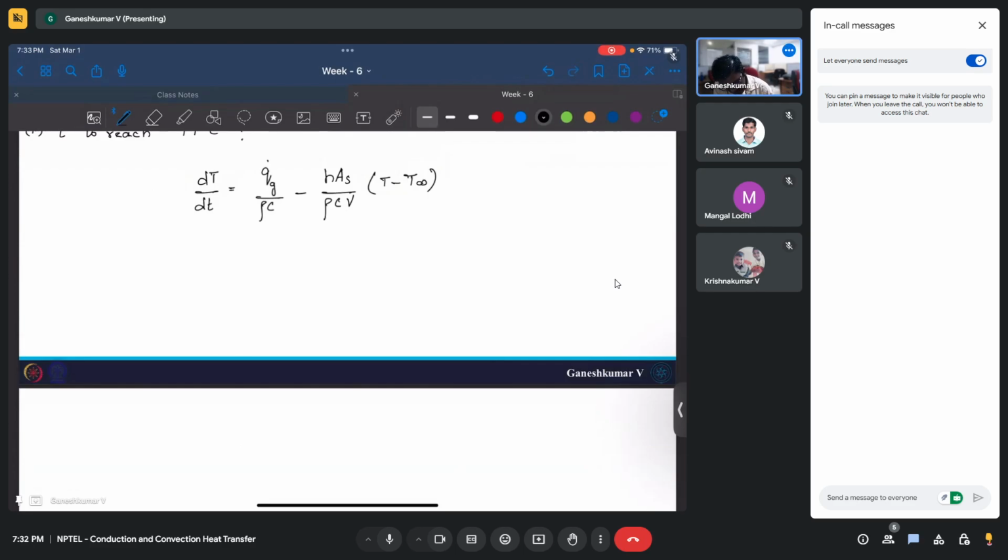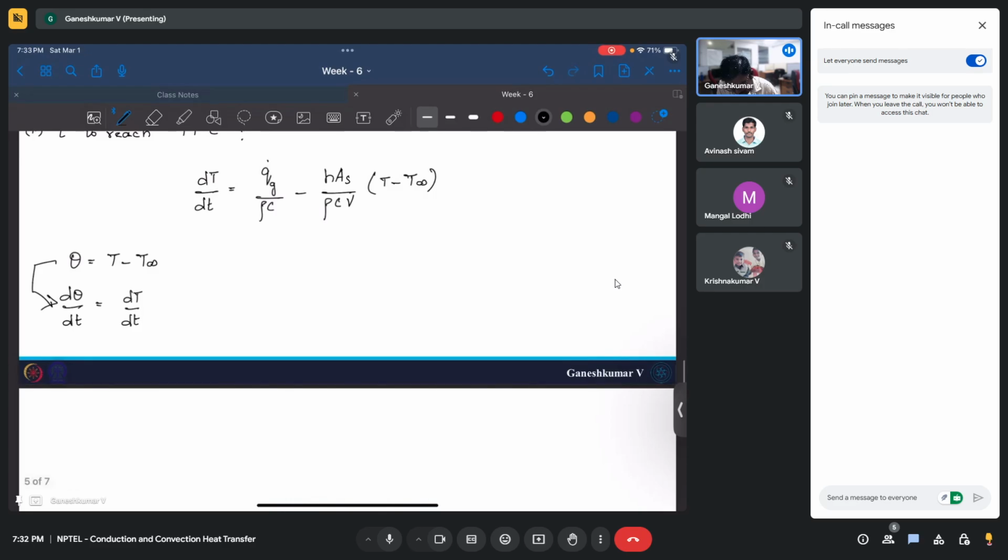Now, to simplify this analysis, maybe we can do a change of variables. So theta is nothing but T minus T infinity. If you do that, d theta by dt is simply dT by dt, because T infinity is constant. So basically I'm differentiating this here.